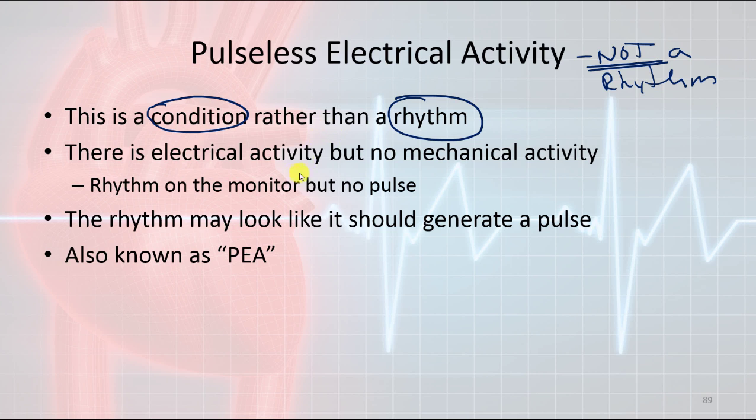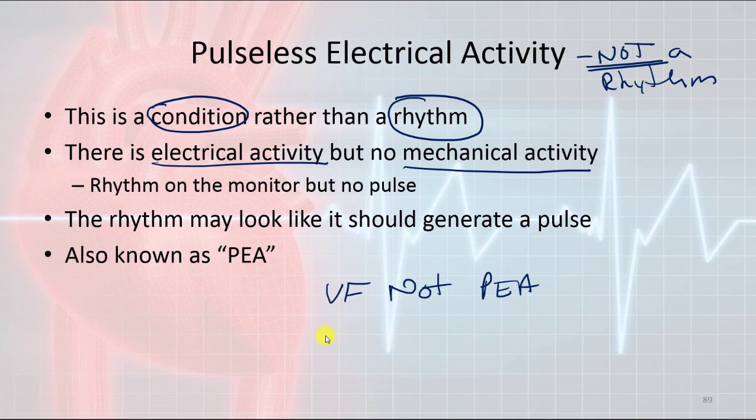The reason I say that is because for a person to be in a PEA, there is electrical activity but no mechanical activity, which means the electrical activity should have a pulse. Now, VFib is not PEA because you're not supposed to have a pulse with VFib. Okay?